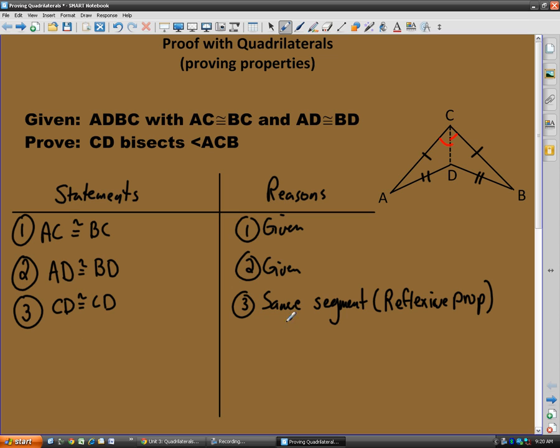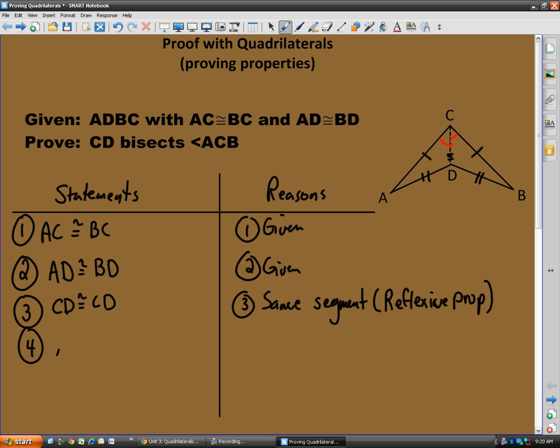And so now I have shown that all three sides in this triangle are congruent to all three sides in the next triangle, which means the triangles are congruent, because if you remember our special property: if all three sides in one triangle are congruent to all three sides in another triangle, then the two triangles are congruent.